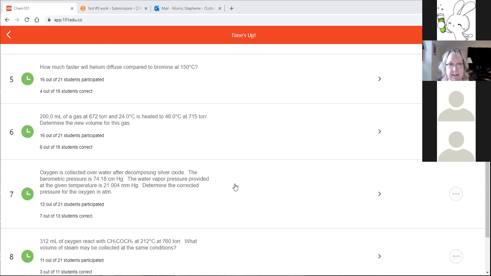You have to convert that to millimeters first. Then you subtract the 21.004, and then you divide by 760. That's all you had to do on that problem. The answer there is 0.9484 ATM.